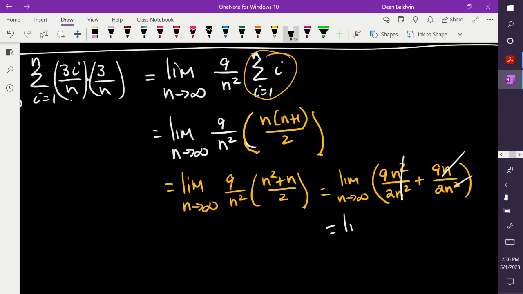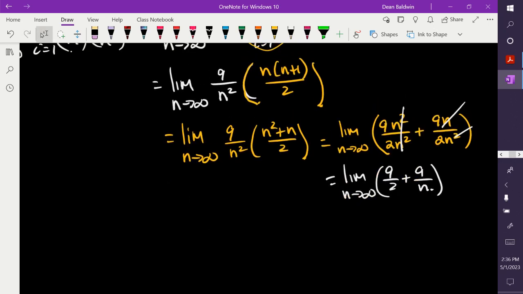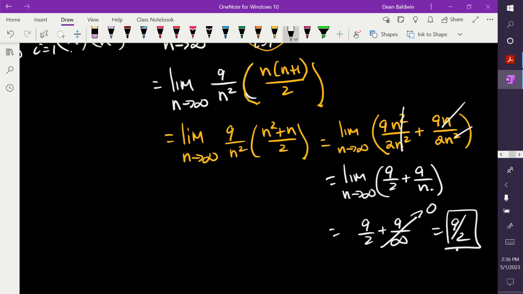So then you end up with the limit of this, right? What happens when you put infinity into this? 9 over 2 plus 9 over infinity. Any constant divided by infinity is 0. So what's the answer? That's your answer.